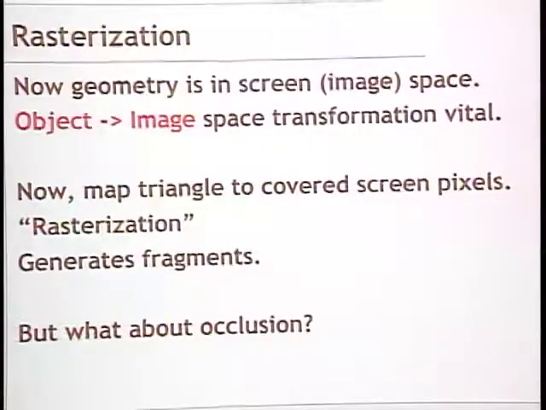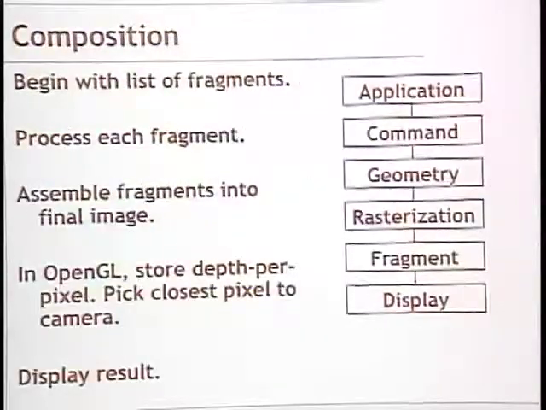Now what we're not dealing with yet is this problem of occlusion. How do we deal with this problem? What do we render? That's what's done in this composition stage. We start with a list of fragments at every pixel, and we process each fragment individually, and we have to end up assembling all those fragments into a final image. We've got to get one pixel value out of all the fragments at a certain pixel location.